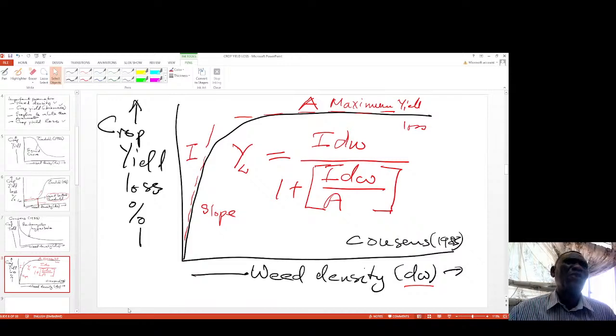So what if we want to get the weed control threshold? As a farm manager or agronomist, you may say probably 5% is not serious loss. So you mark 5% on your graph and come up with a density here.